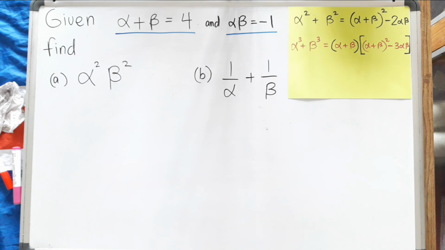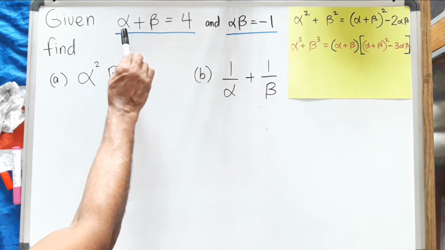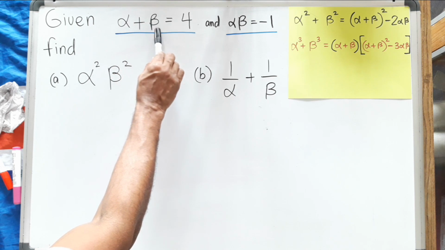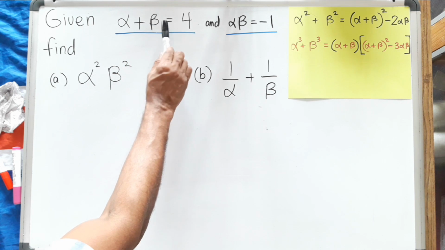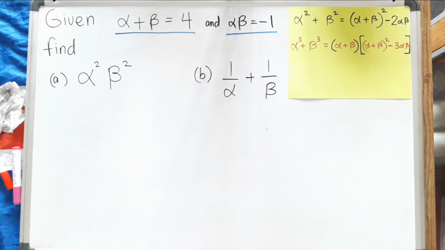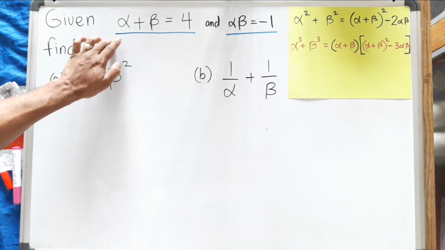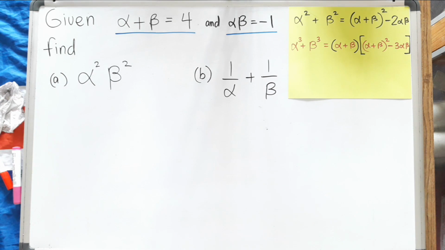Here at the beginning of the question, you're being told that you have a quadratic, you have no idea what the quadratic is. It could be anything in the world, but all they are telling you is that when you add the two roots, the alpha and the beta, you will get 4. You don't even know how much is alpha, and you really don't know how much is beta.